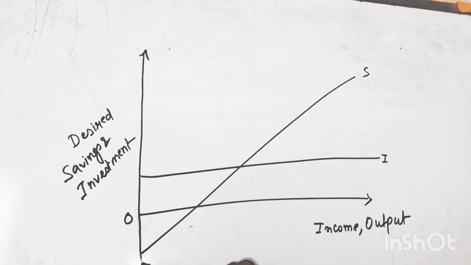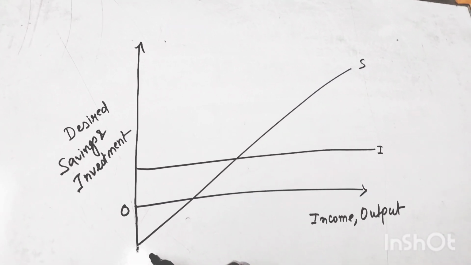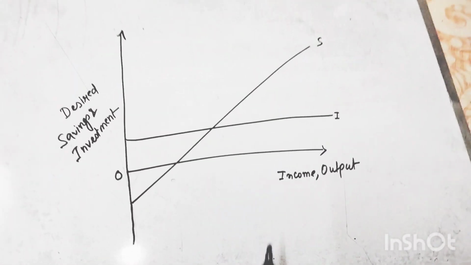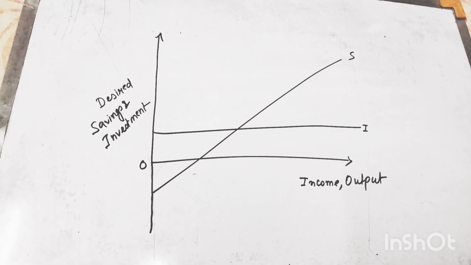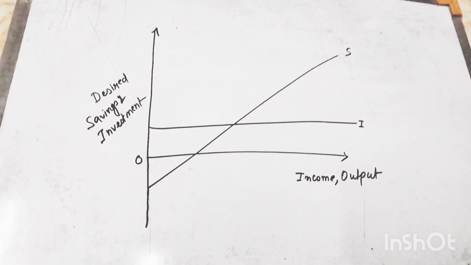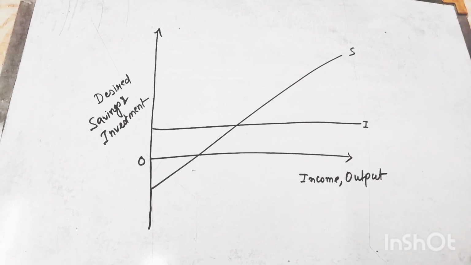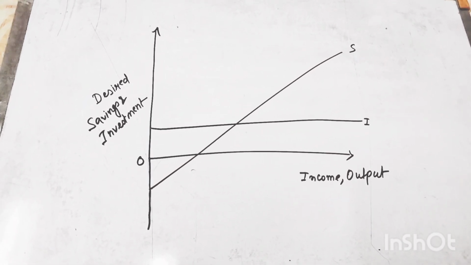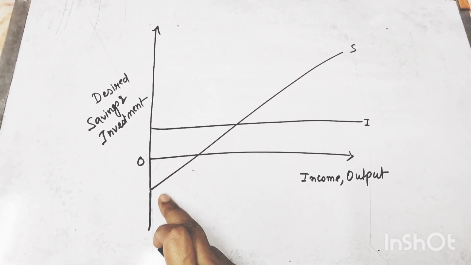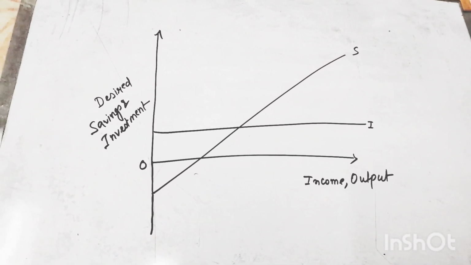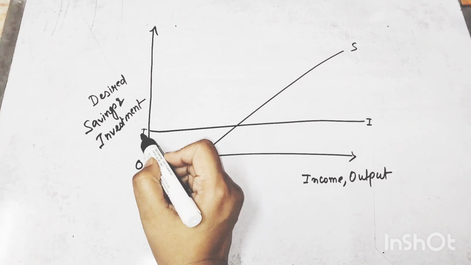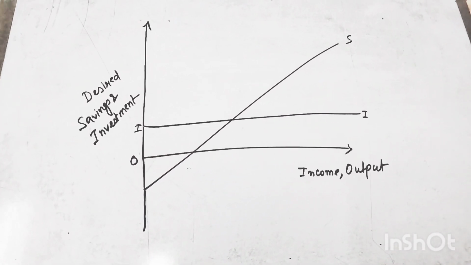Saving curve will start from the negative. Why? Because we know that when your income is zero, at that time you will not save anything. Therefore, it will start from this minus. Okay, and this is the II curve.